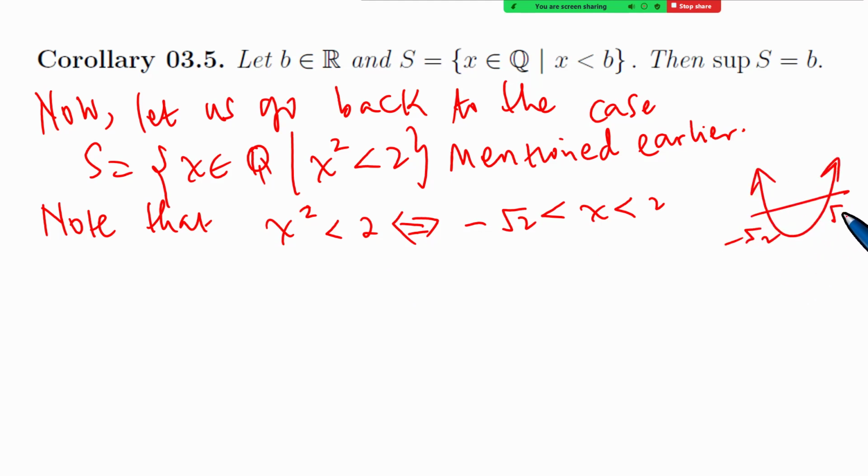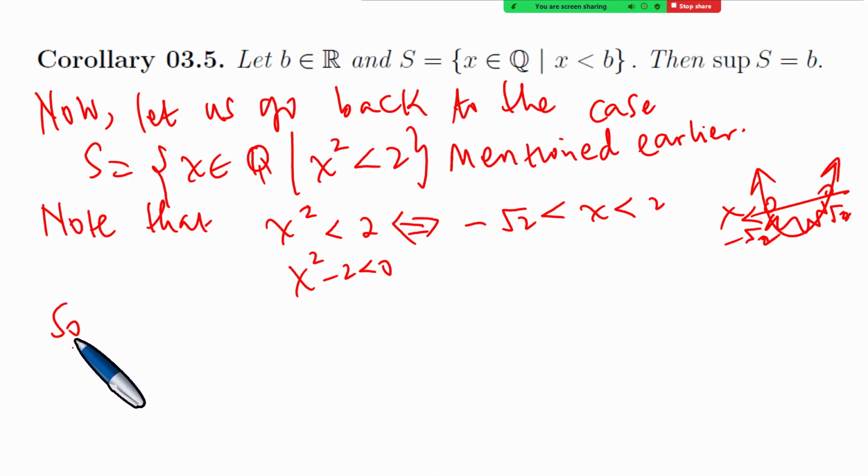And X squared less than 2 is the same as X squared minus 2 negative. It means therefore we're interested in the part of this that is below the real line. And therefore X would lie between minus 2 and 2 inclusive.